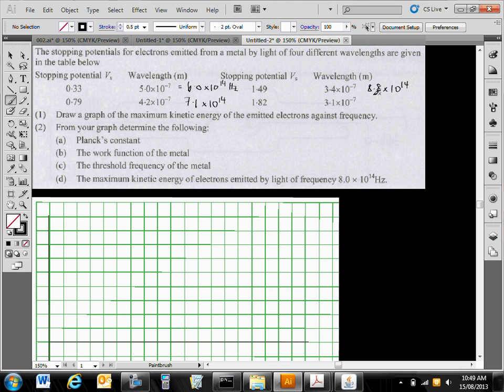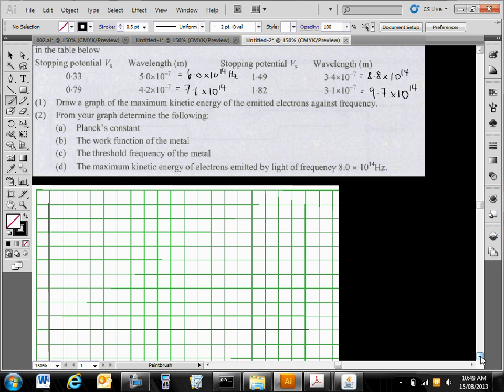So why am I changing this to frequency for starters? Where are these numbers going to go? They're not the threshold frequency. Yeah, the x-axis, isn't it? 9.7 by 10 to the 14.